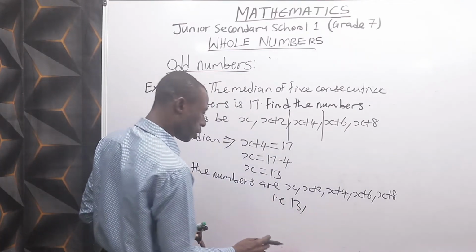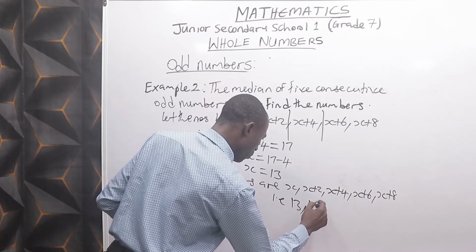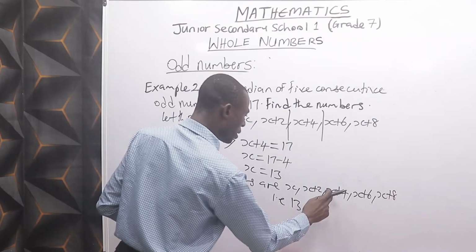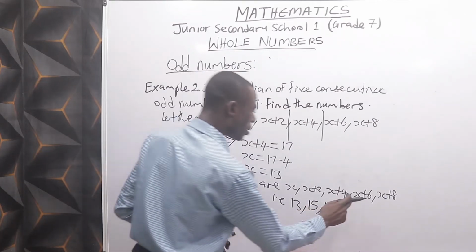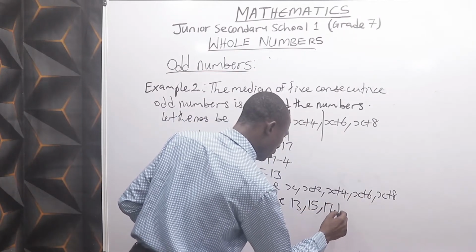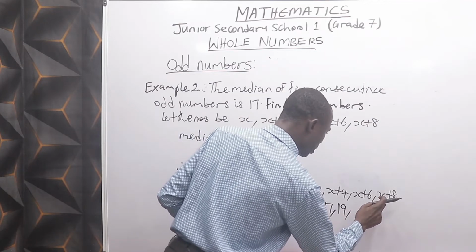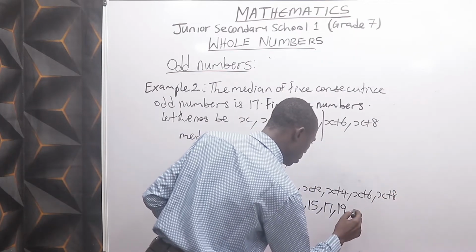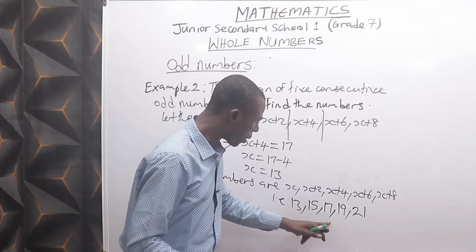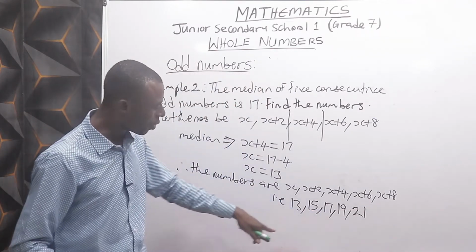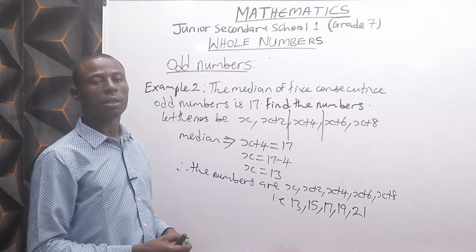I will add it straight away. 13 plus 2, 15. 13 plus 4, 17. 13 plus 6, 19. 13 plus 8, 21. These are the numbers. 1, 2, 3, 4, 5. These are the 5 consecutive odd numbers.